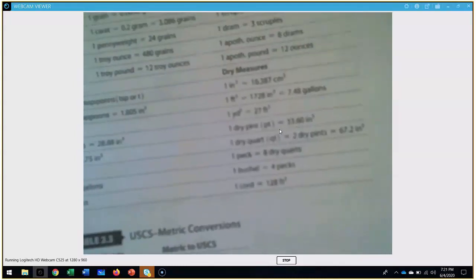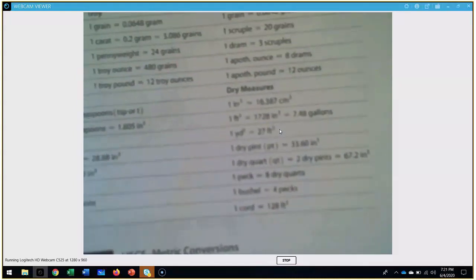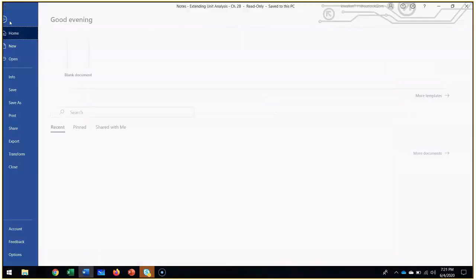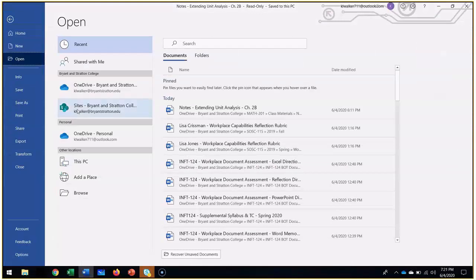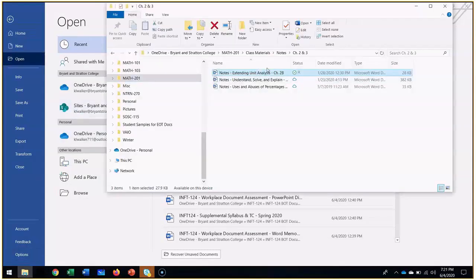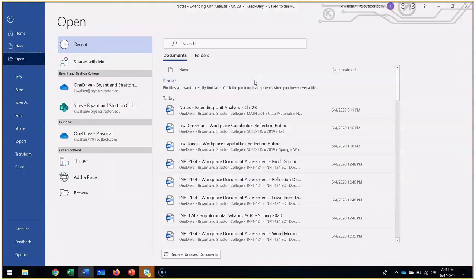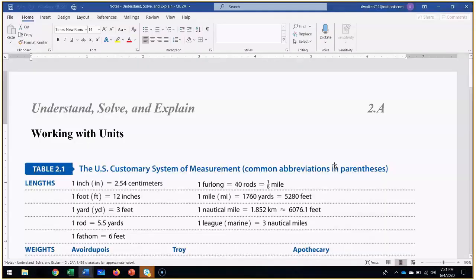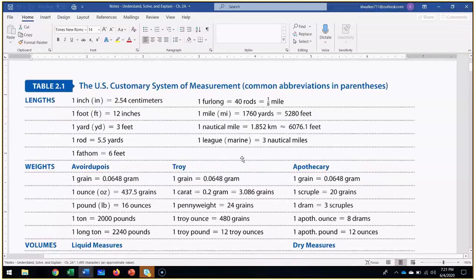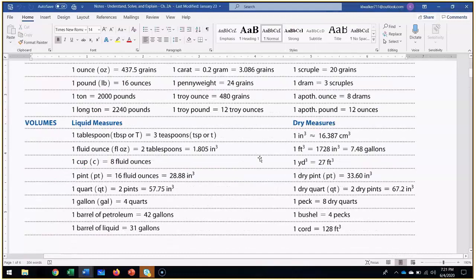Okay, so here are the conversion pages. Let me pull it up in the actual Word document. It'll be easier to go this way. This is the one from last week that we were looking at.